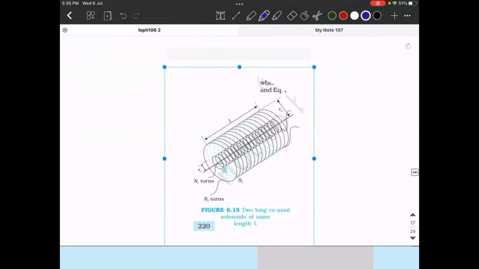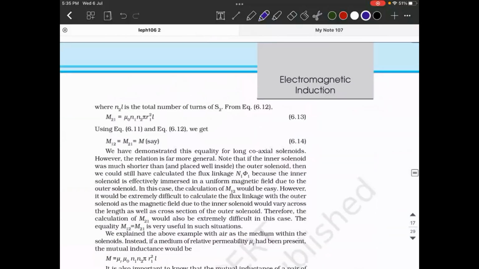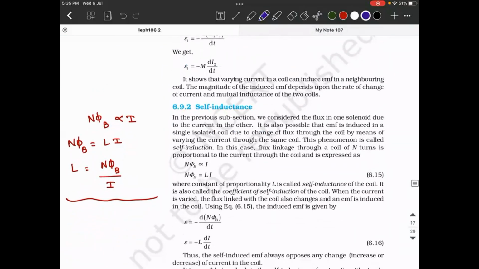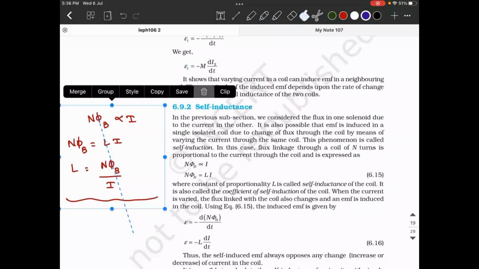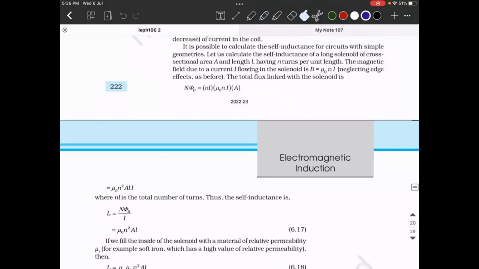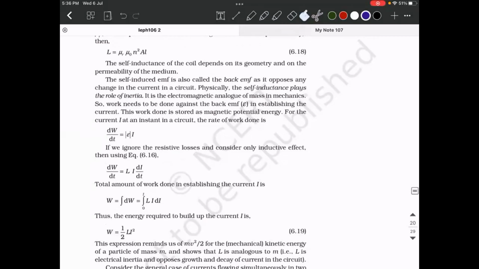This is all about the mutual inductance of two solenoids, and this derivation is important. Mark it as important. For self-inductance also, I derived the value and showed it to you. And yesterday I explained the significance of an inductor. What is the significance of an inductor? It will oppose the rate of change of current taking place.